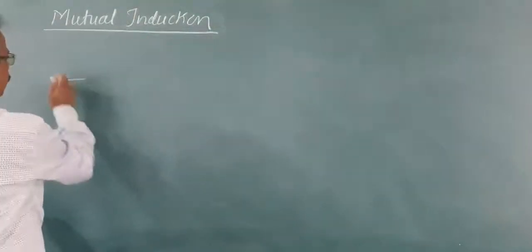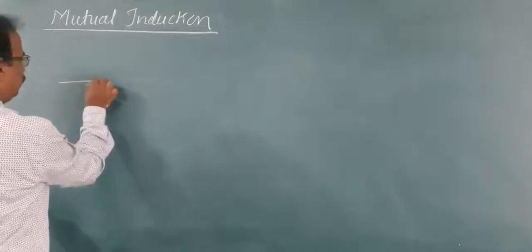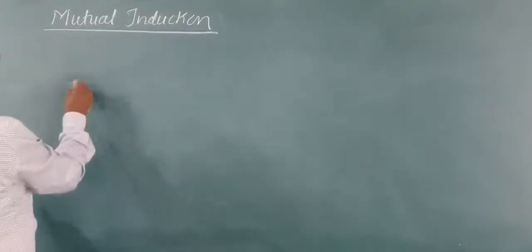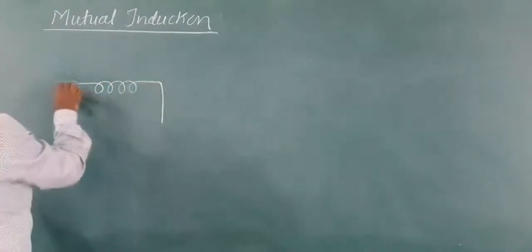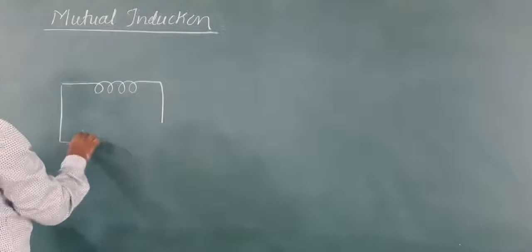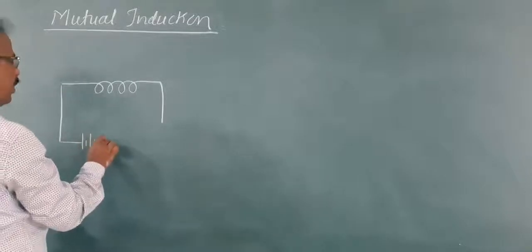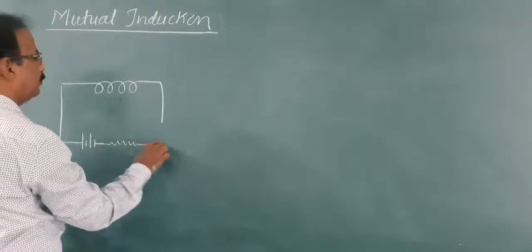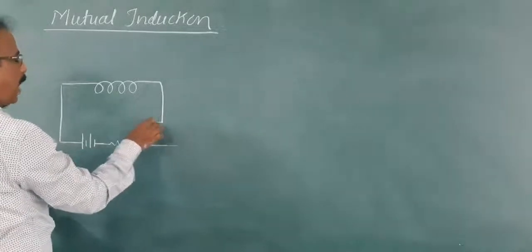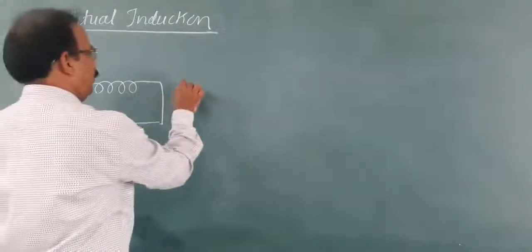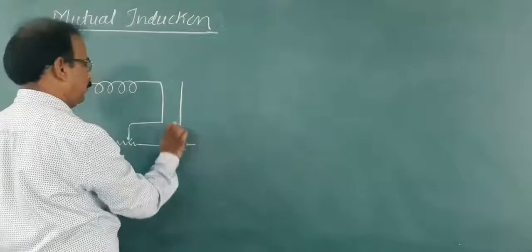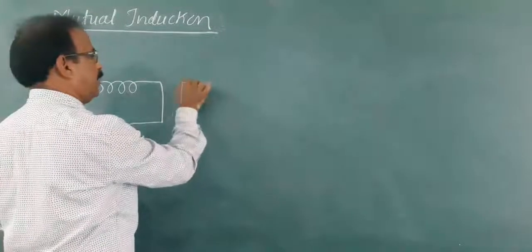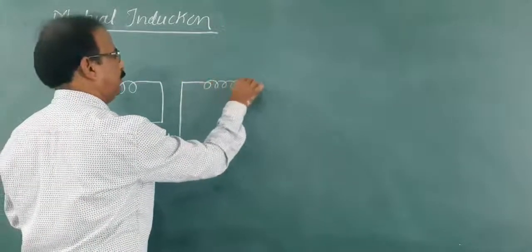So these are the two different coils. This is the first coil. The current is allowed to pass through this first coil. And the second coil is present near this first coil.